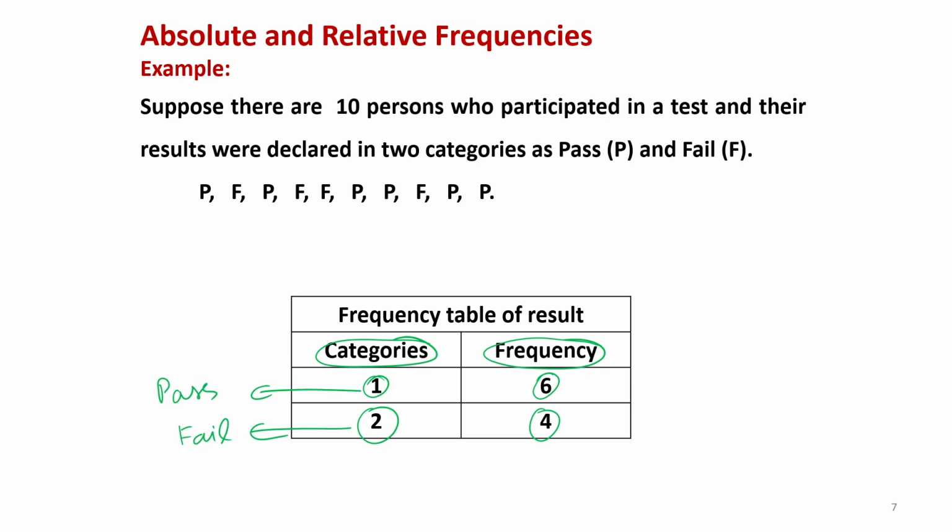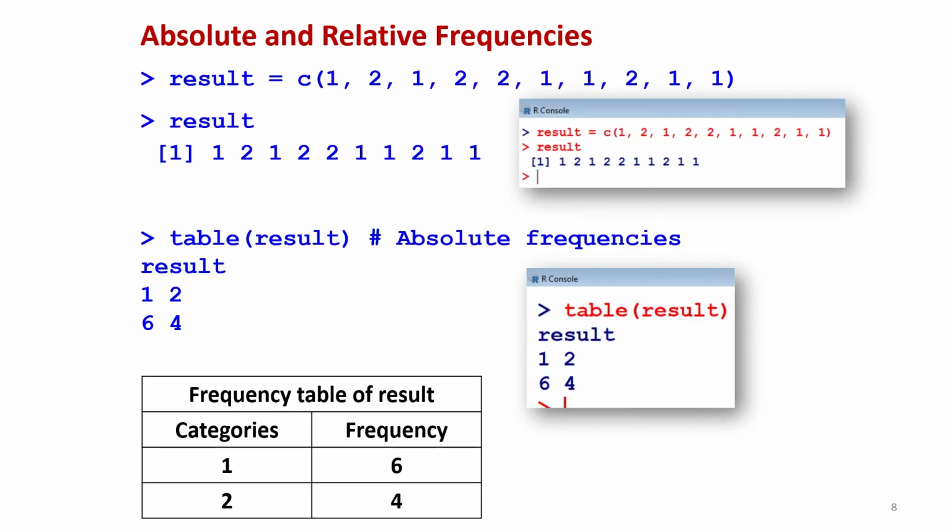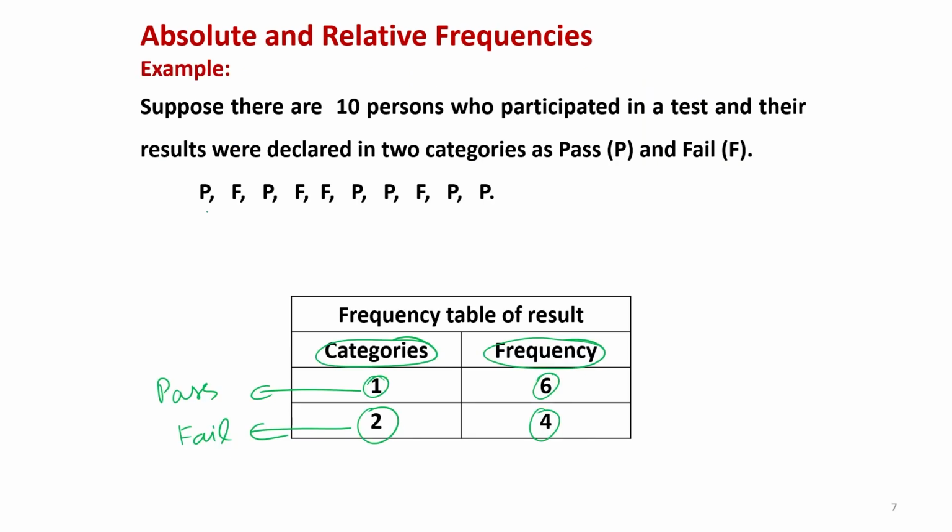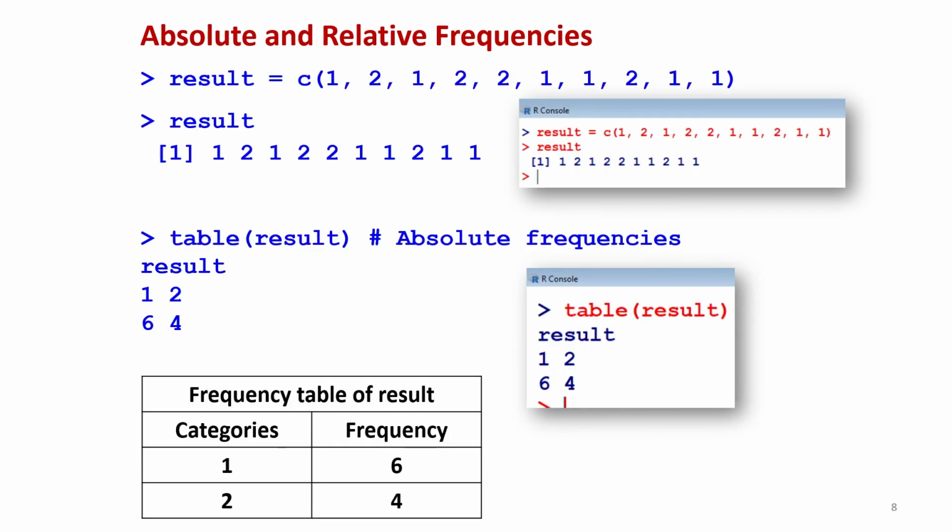Because you see, the R software will only work on numbers to count. So I have given pass 1, fail 2, pass 1, fail 2, and so on. And this data has been presented in the data vector result, C(1, 2, 1, 2, and so on). So this is your data.